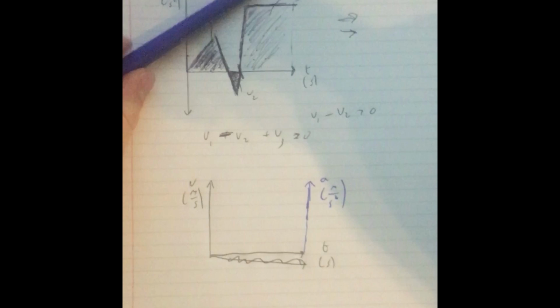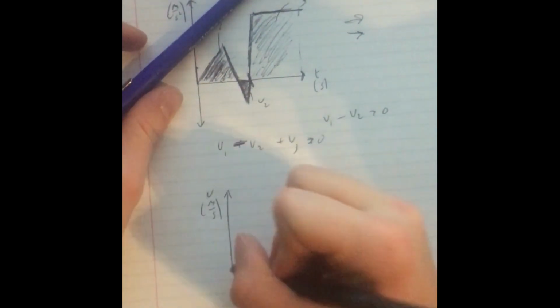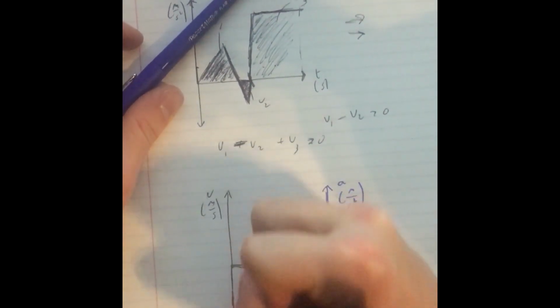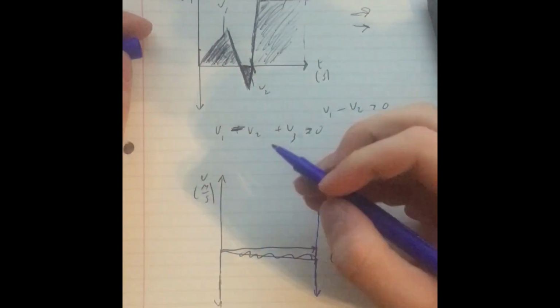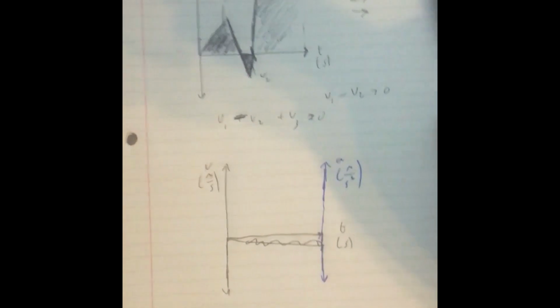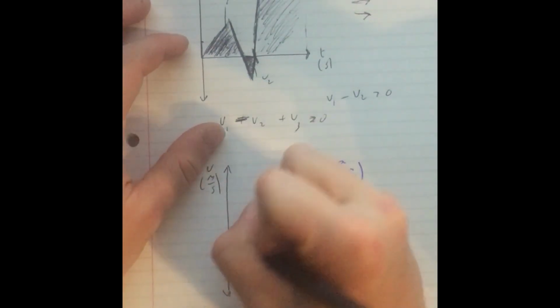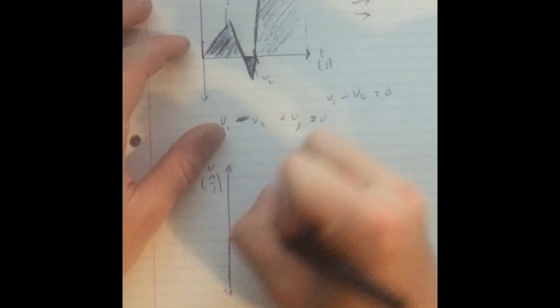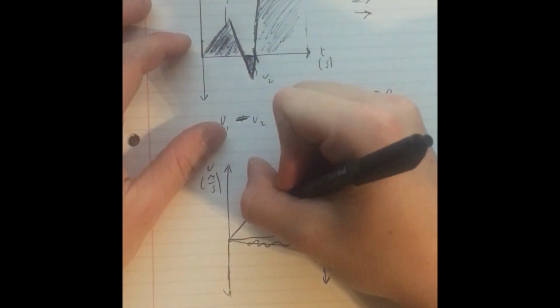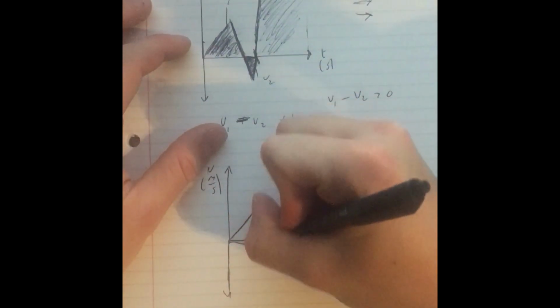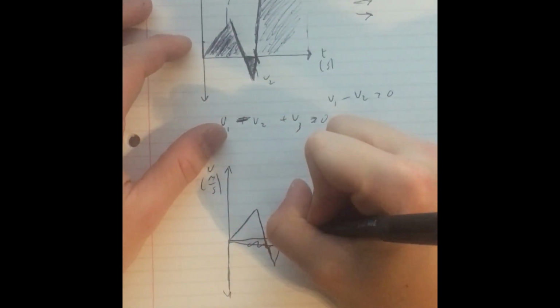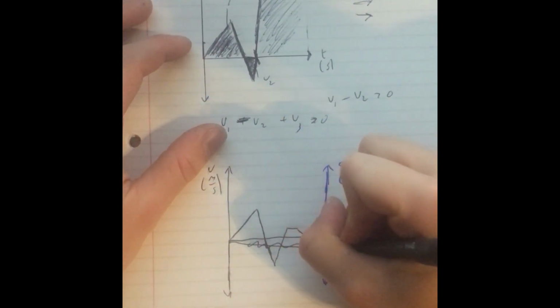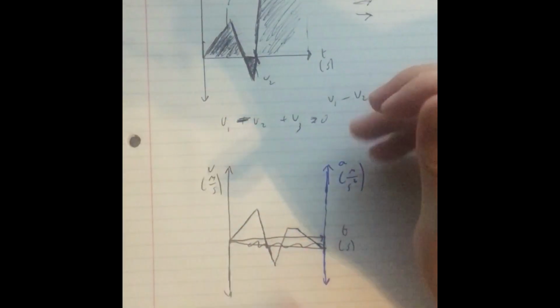So let's say our object's velocity is going to be increasing here, and then it's going to have a sharp decrease here, and then increase here, and then just slowly decrease here. It's a bit hard to see, I messed up the graph a bit.